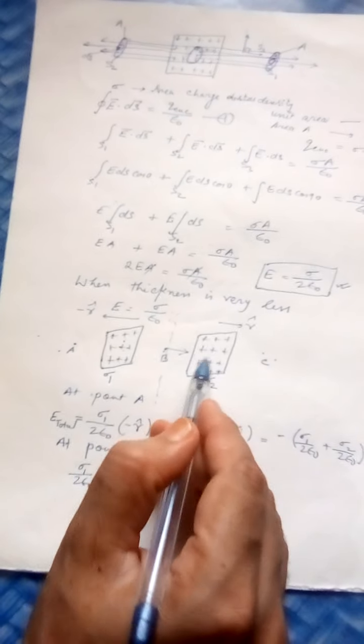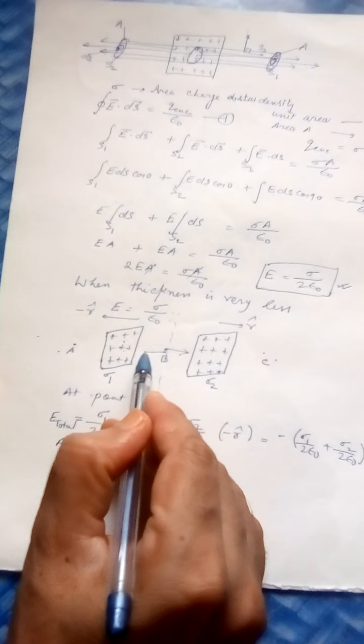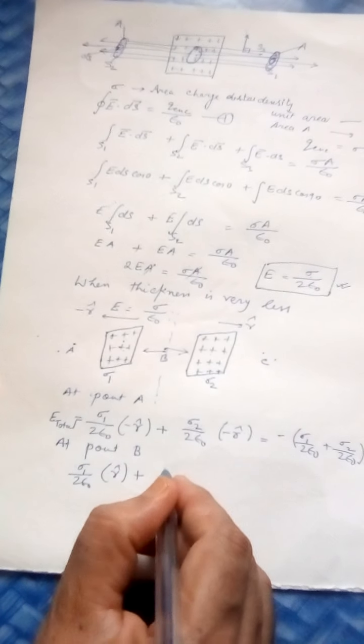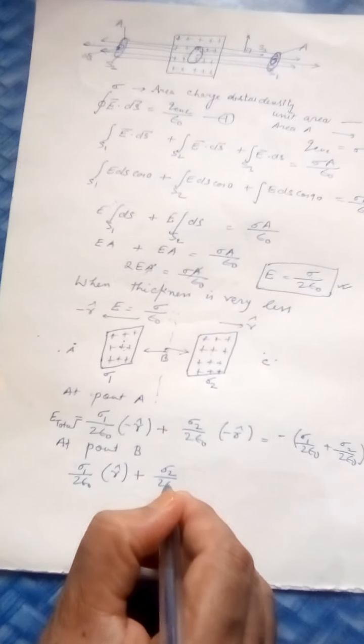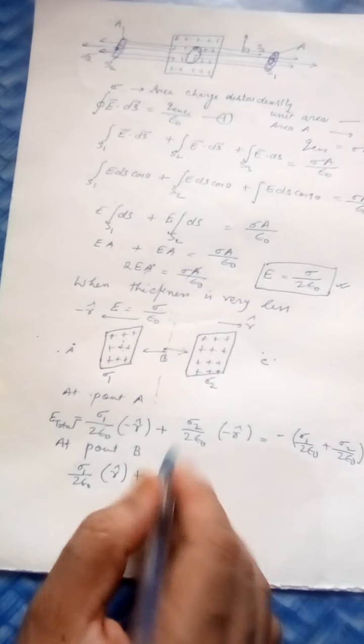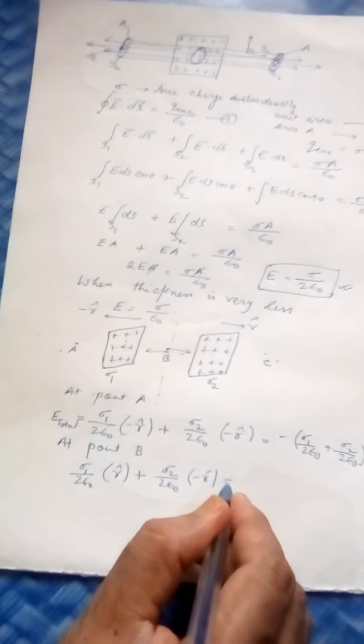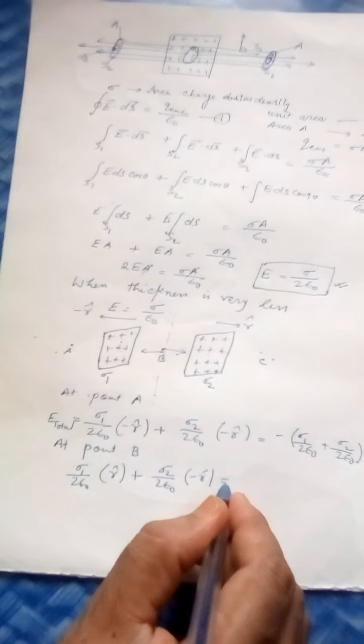Due to this other one, the electric field will of course be on this side, meaning we are measuring in the left side, so the magnitude will be sigma 2 by 2 epsilon naught and direction is minus r cap. So taking r cap common, it is sigma 1 by 2 epsilon naught minus sigma 2 by 2 epsilon naught into r cap.